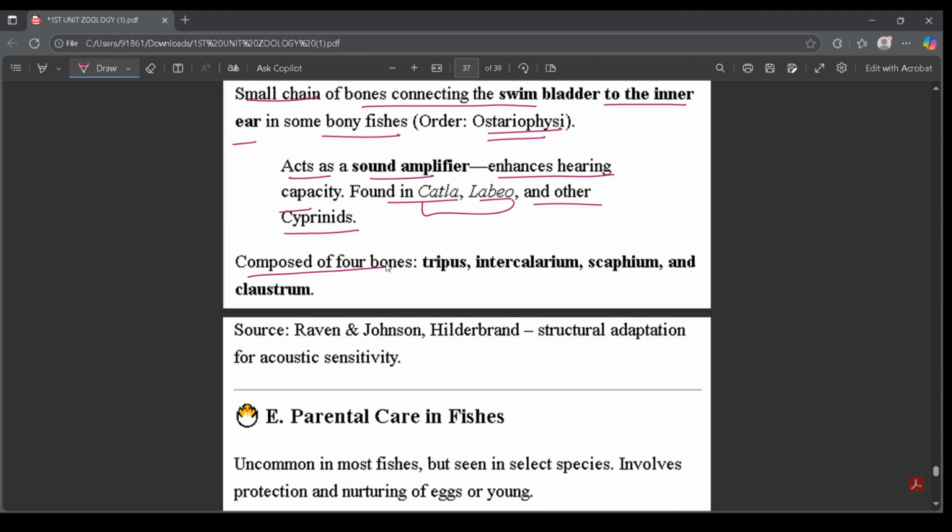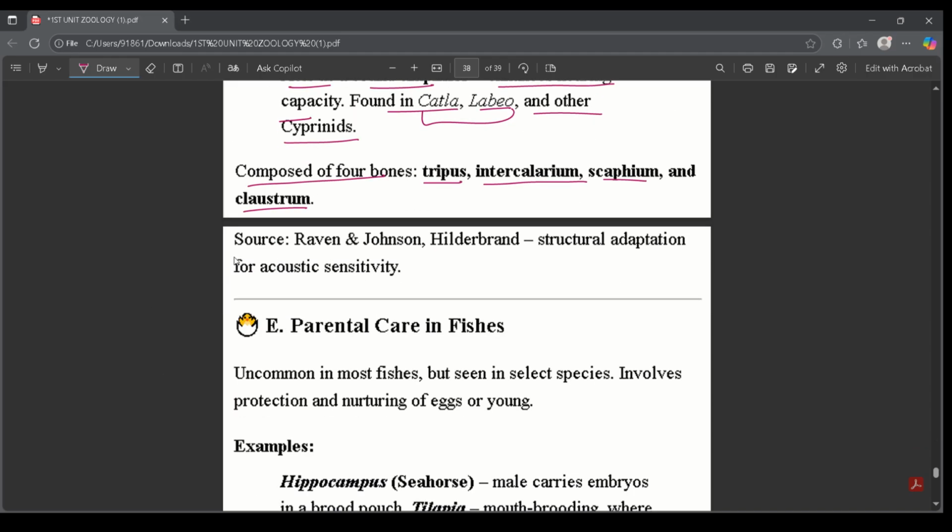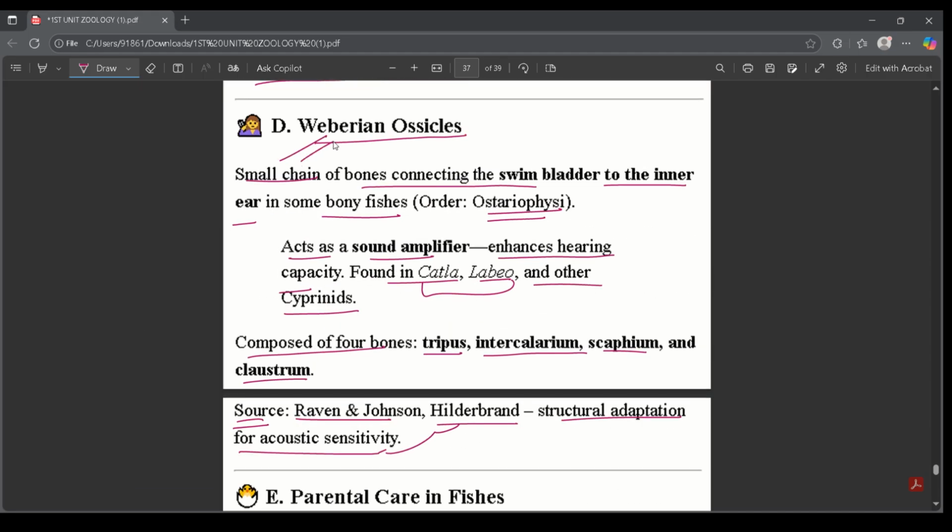They are composed of four bones: tripus, intercalarium, scaphium, and claustrum. The sources of this definition are Raven and Johnson, and Hildebrand, Structural Adaptation for Acoustic Sensitivity. These are two references through which we explain the Weberian ossicles.